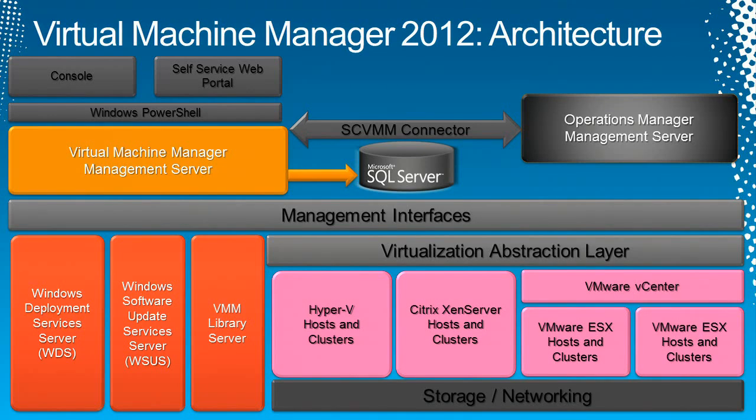And that'll be cluster, that's part 3 of this series. It'll be on cluster creation, orchestrating the patching of a cluster, and dynamic optimization and power optimization. So once you're done with this 3-part series, you should have all the knowledge you need to be able to build your virtualized fabric in support of VMM 2012 cloud and service features.